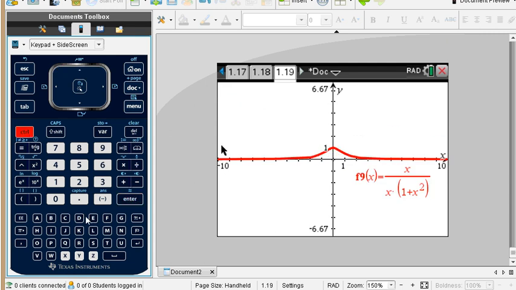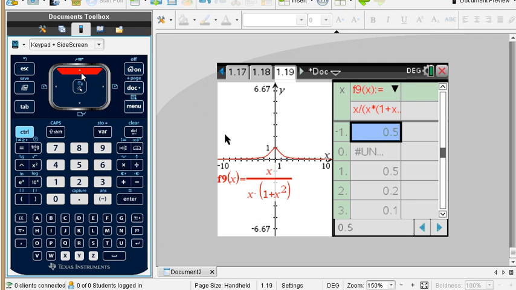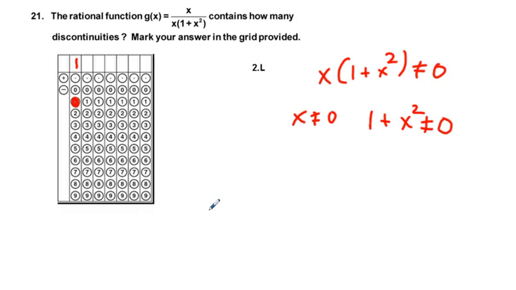We go to table view, Control T, we are not going to see any discontinuities either. We're not going to see a UND or U as undefined anywhere else but at x equals 0. That's going to be 1 discontinuity. That's going to be a point discontinuity, by the way, or a removable discontinuity. So that is our correct answer, and that's all of it.